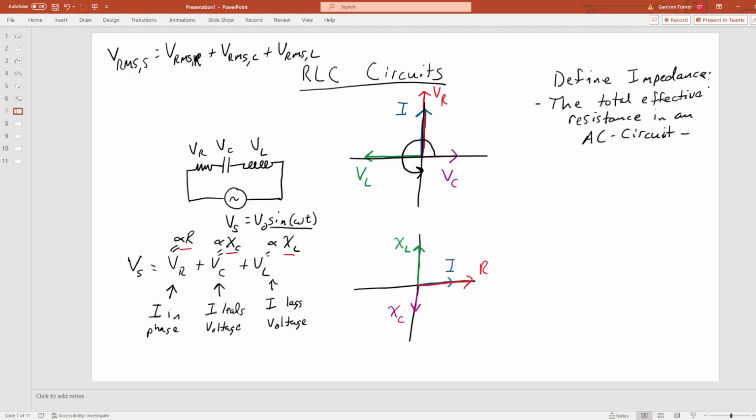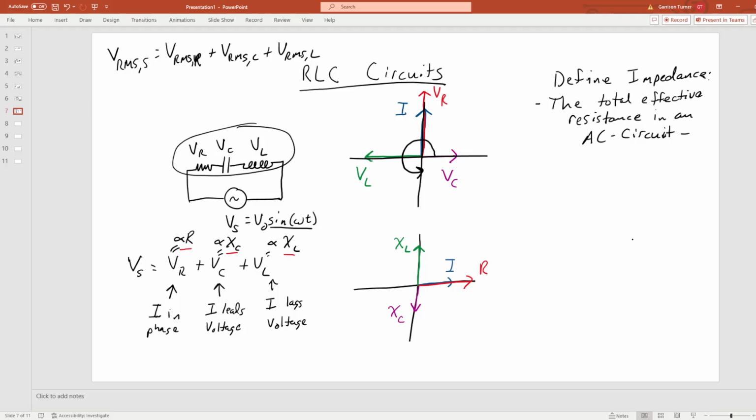Again, we don't call it resistance because these are not just pure resistors. You might have a resistor, of course, that's what the R stands for in RLC circuit, but you can have inductors and you can have capacitors, and so they are not resistors, but they can behave like it. So their total combination will allow you to calculate an effective total way that your current is, quote unquote, impeded by this combination.